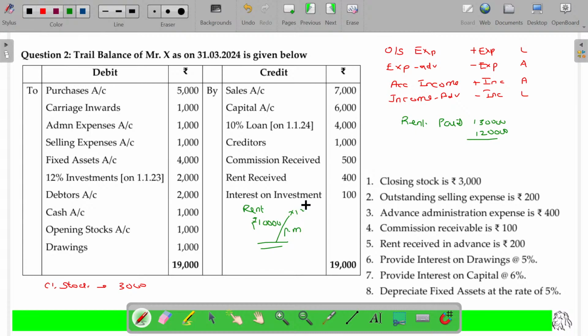Is that clear? So the other 10,000 rupees may be paid in advance. Actually, your expense is only 1,20,000.